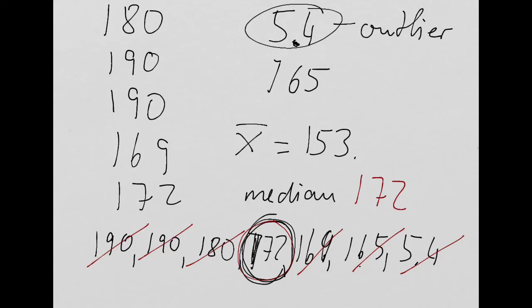190, yes, sorry, you're absolutely right. 191, there's no mode. Then the average changes, yes, but only marginally. Okay, you got it? Mean, mode, and median.